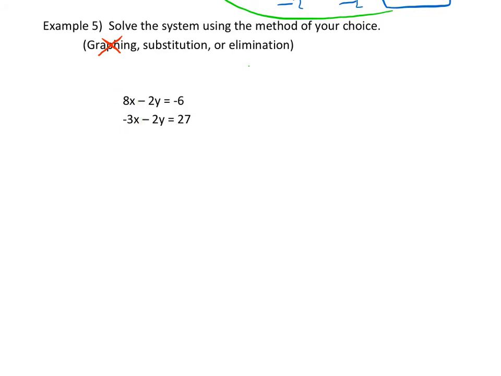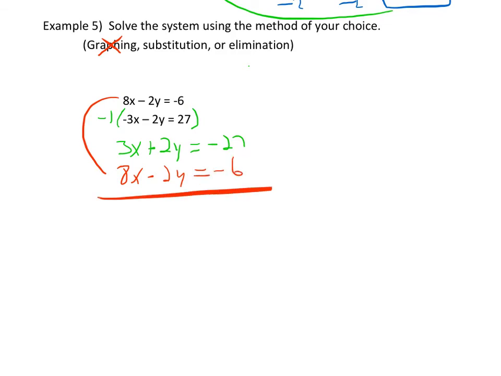Since the y's are already the same value, I can easily tweak this by multiplying only one of the equations by a negative 1. In doing that, I would create 3x plus 2y equals negative 27. The other equation I'll bring below is 8x minus 2y equals negative 6.